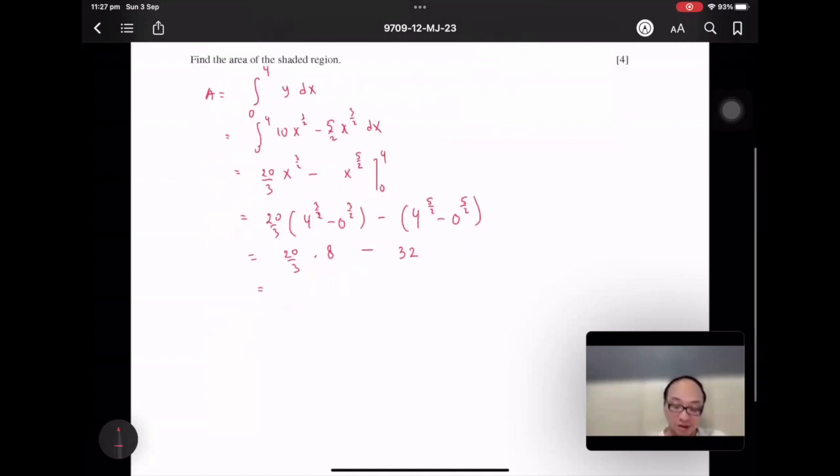So equals 20 over 3 times 8 minus 32. So this will become 64 over 3, 21 and 1 over 3. So this is the area.